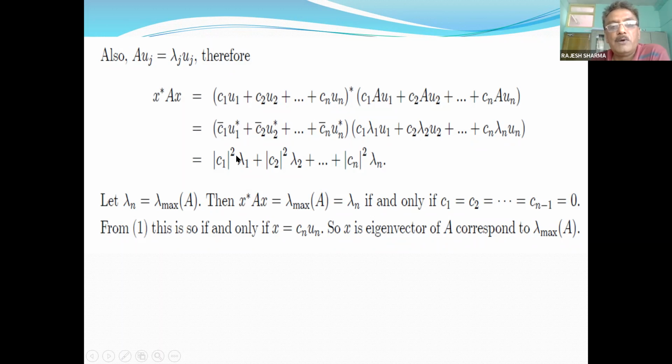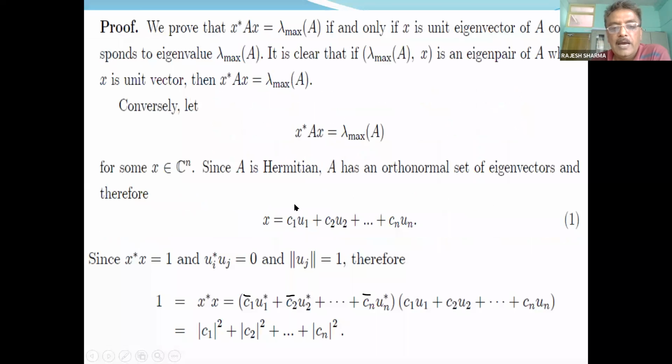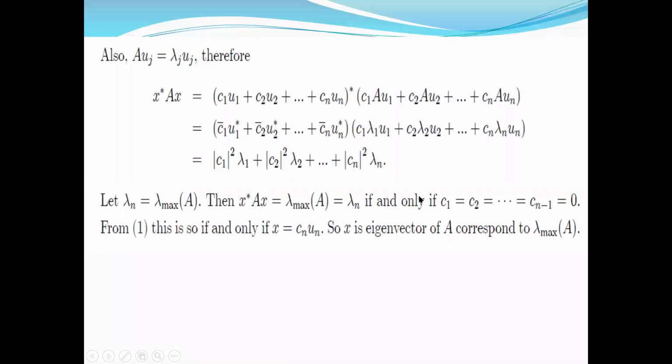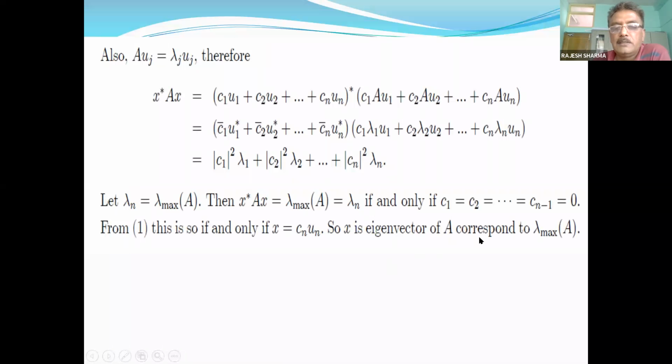So what remains in x? x becomes equal to Cn Un. And Un is an eigenvector of A corresponding to eigenvalue lambda n. So this x, Cn Un, is also an eigenvector of lambda n. Clear this? So x is an eigenvector of A corresponding to lambda maximum.